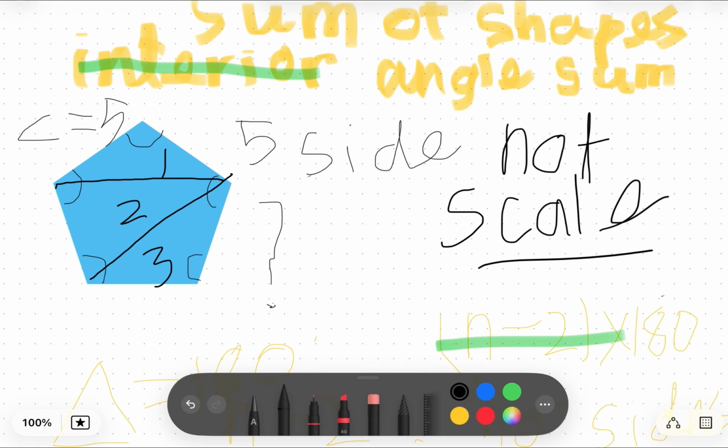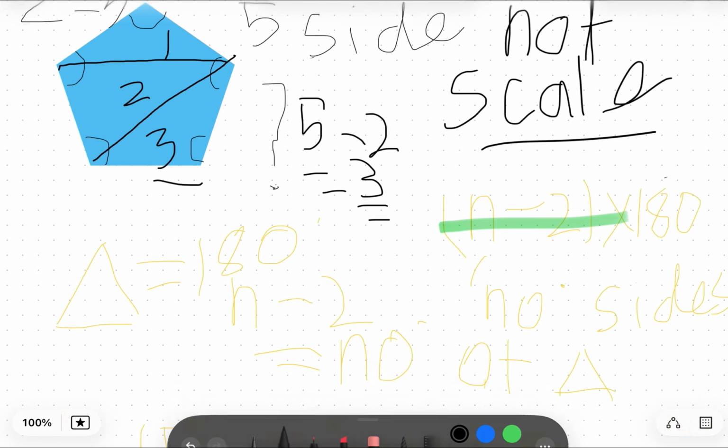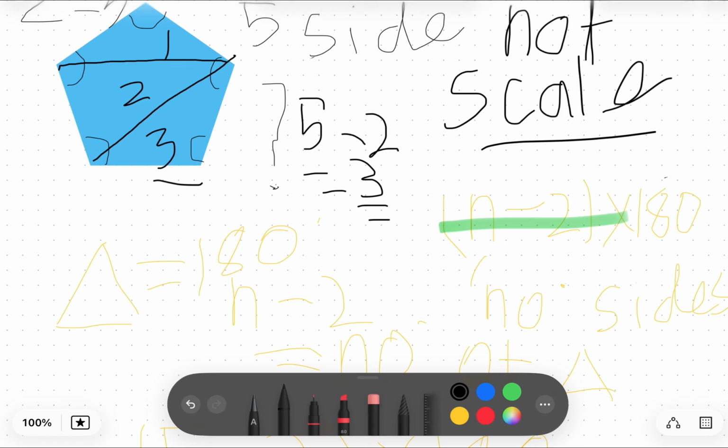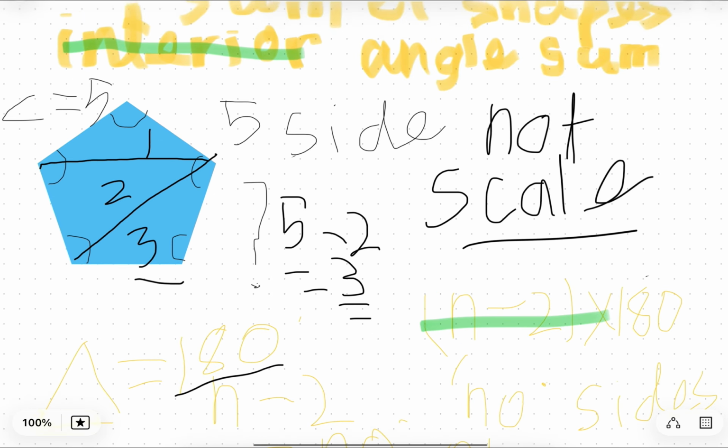Now, the number of triangles would always be 2 less than the number of sides. So you've got proof here. And the triangle sum is 180 degrees over here. Voila. Now here's the method backed up by the logic.